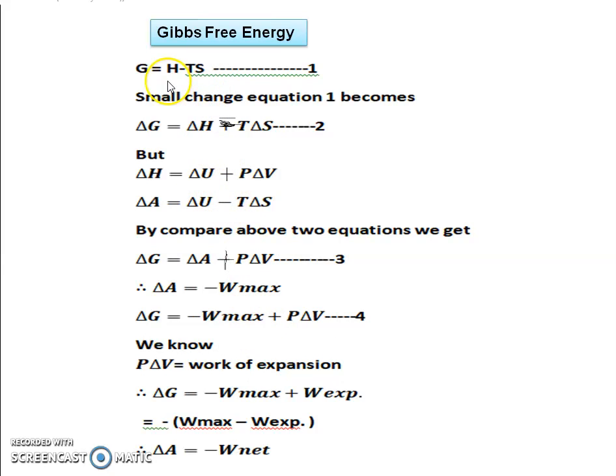Next, Gibbs free energy. Gibbs free energy capital G is equal to H minus TS.